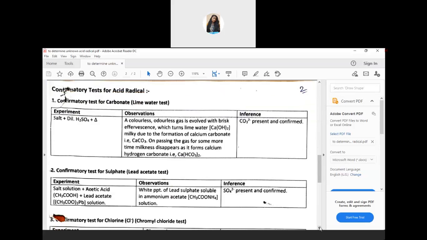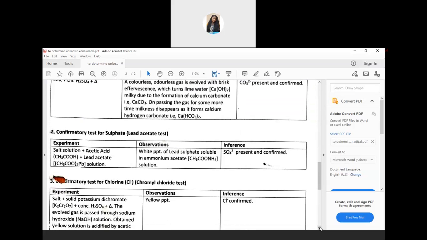Then that means carbonate ion is confirmed. If you found sulfate ion, then the confirmatory test for sulfate ion is salt solution plus acetic acid plus lead acetate. You can observe a white precipitate which is soluble in ammonium acetate. That means sulfate ion is confirmed.